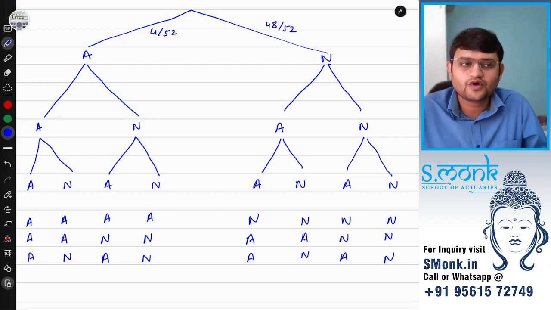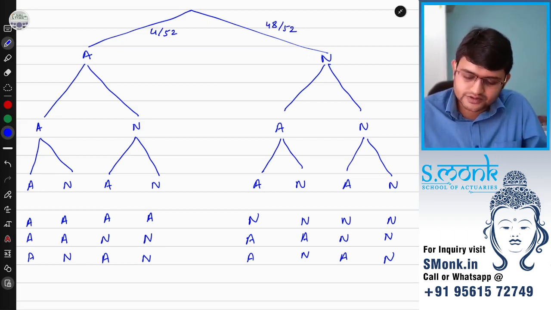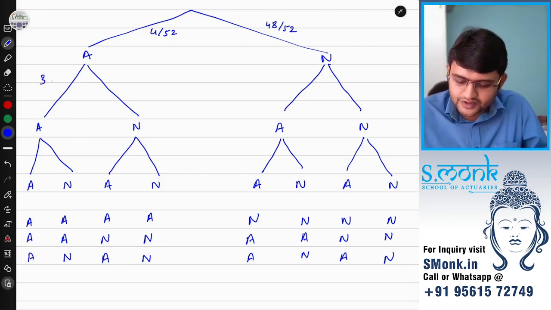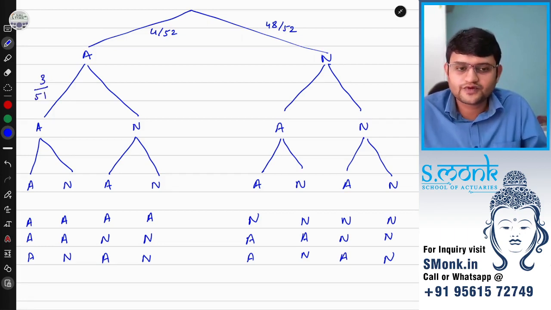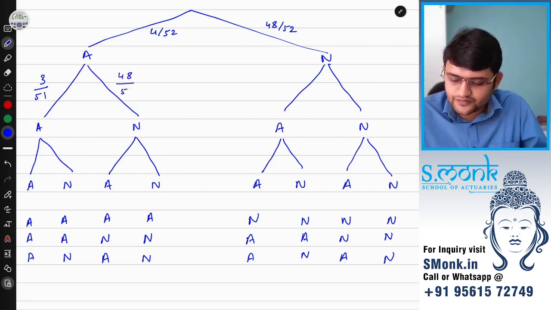I have 48 not aces out of 52 cards. Now, if in the first card I got an ace, then total number of aces for the second card are now 3. Out of total number of cards, that would be 51. Again, for not an ace, I will have 48 cards out of 51.